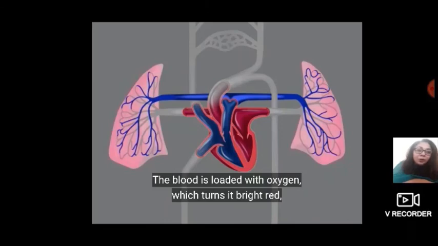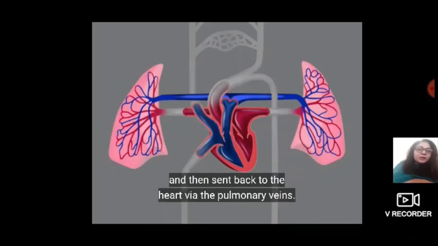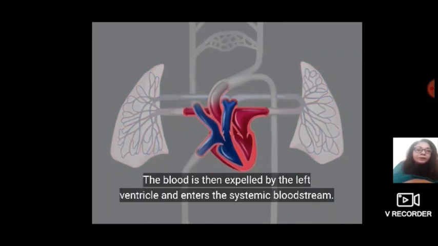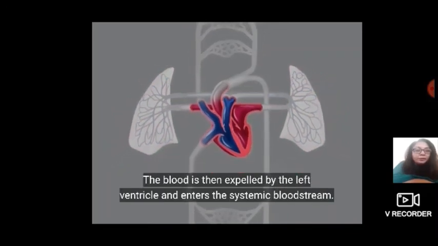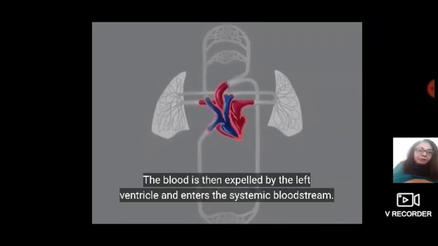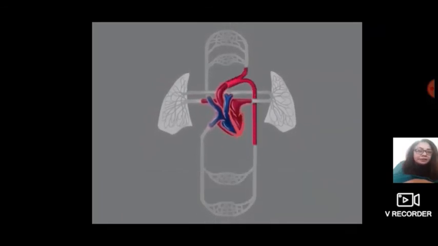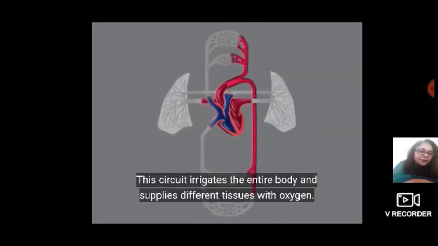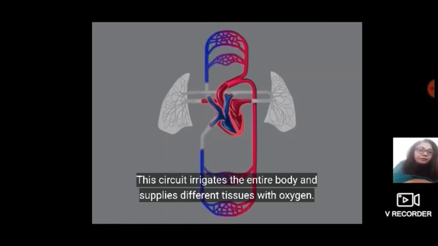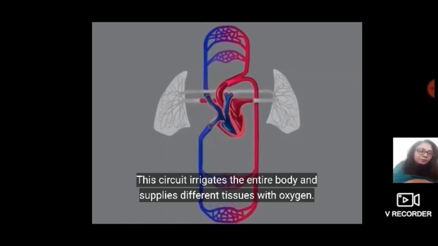The blood is loaded with oxygen, which turns it a bright color, and is then sent back to the heart via the pulmonary vein. The blood is then expelled by the left ventricle and enters the systemic capillaries, and the circuit irrigates the entire body and supplies different tissues with oxygen.